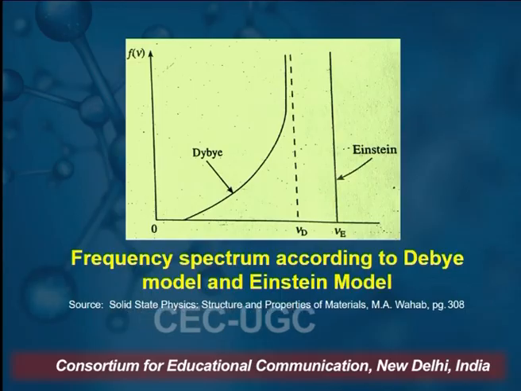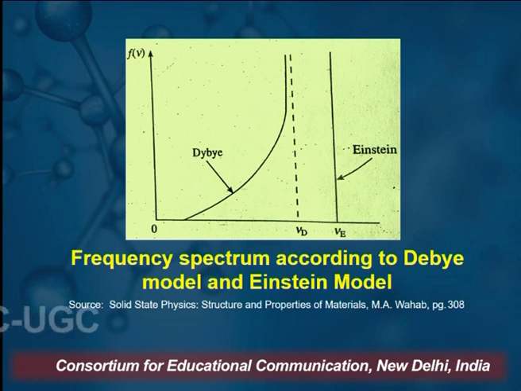In Einstein's model, the frequency is a constant nu e. Debye suggested that a range of frequencies, as shown in this figure, will be excited up to a frequency which he labeled as the Debye frequency nu d.